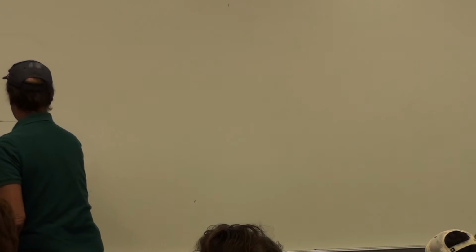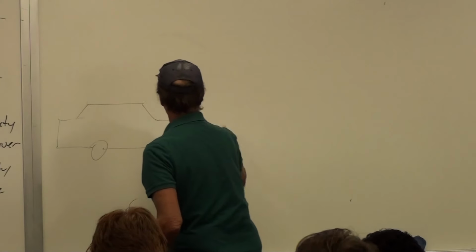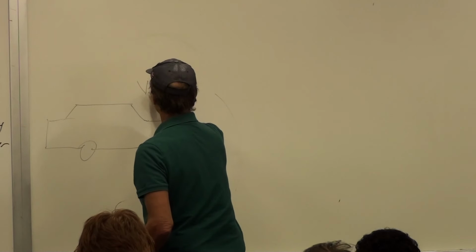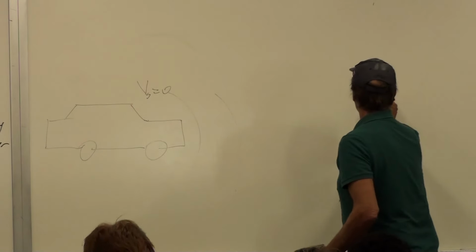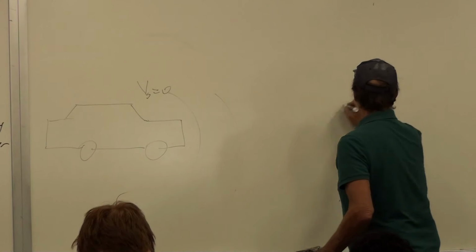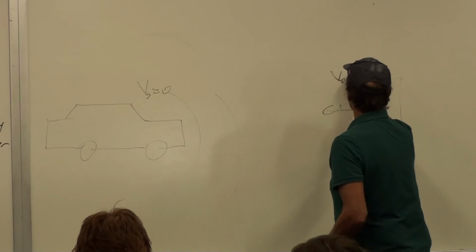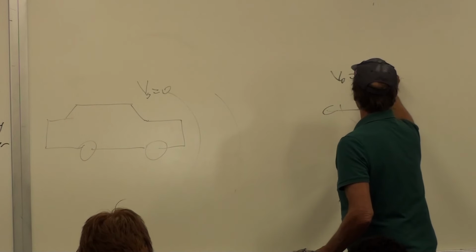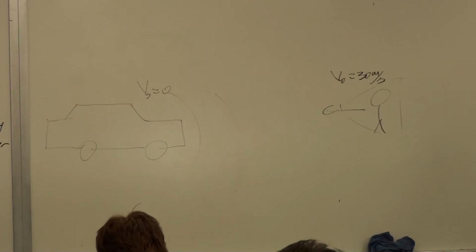But it turns out that that's not quite the case. So here the velocity of the source is 0. And now we'll have this person, maybe in a rocket or something, with velocity of the observer 30 meters per second toward the source.